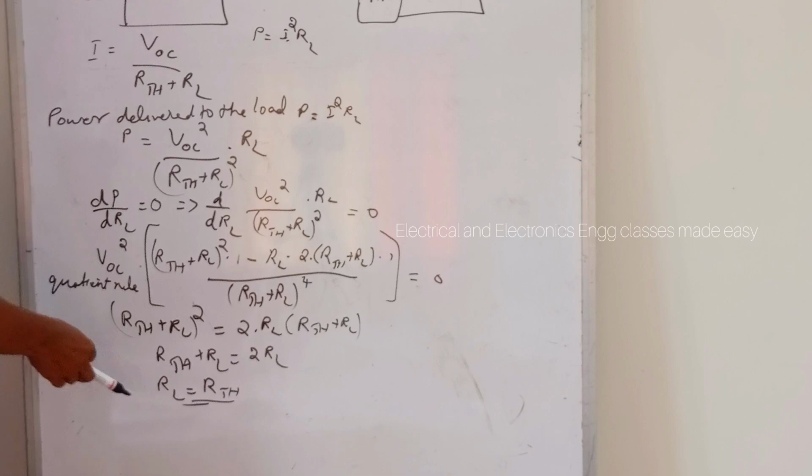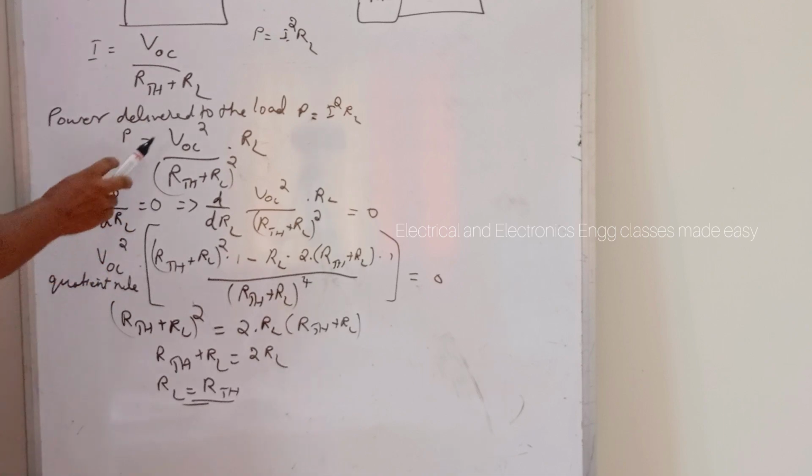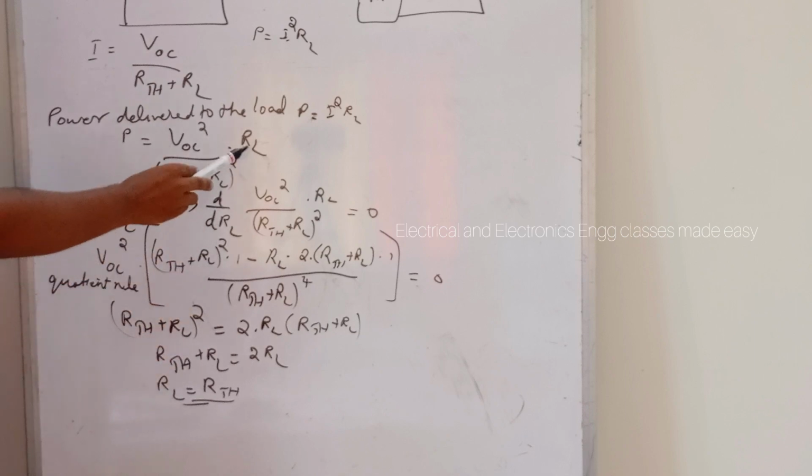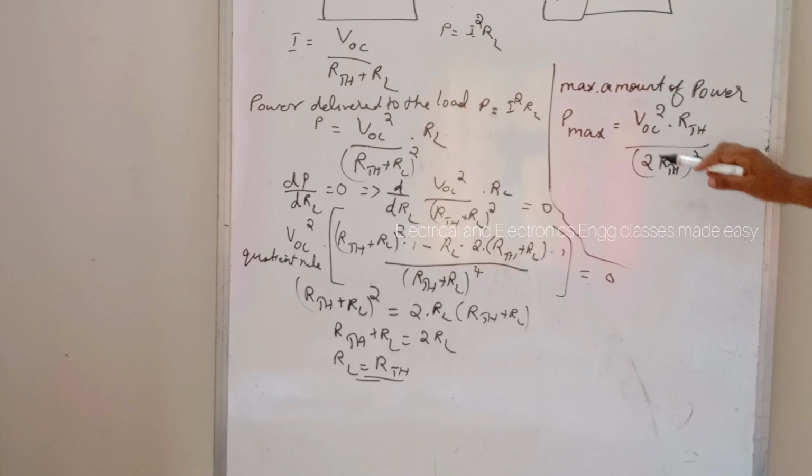That is, to get the maximum power transferred to the load, the load resistance is equal to the source resistance. Now we can find the value of the maximum power.